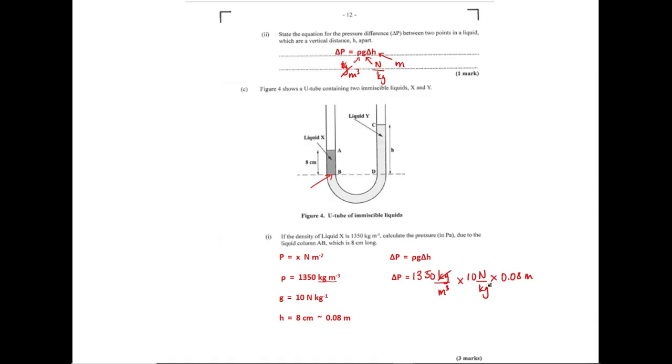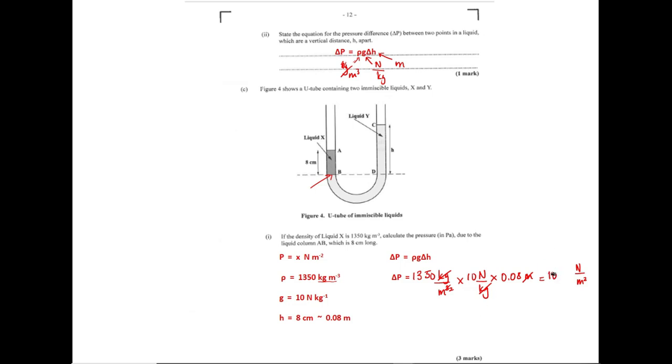Cancel, cancel, cancel. So we know that our answer would have newtons per meter squared. And that is exactly what we said the base units would be. So if you calculate now, 1350 times 10 times 0.08, you should get 1080.